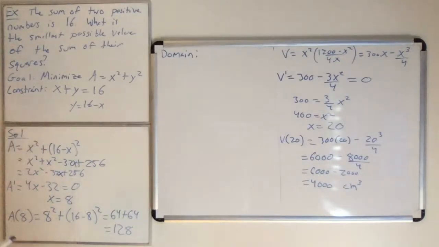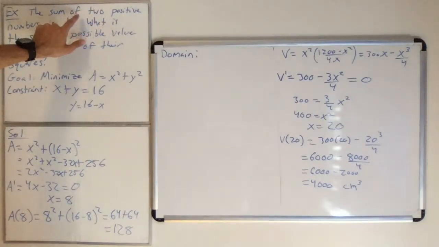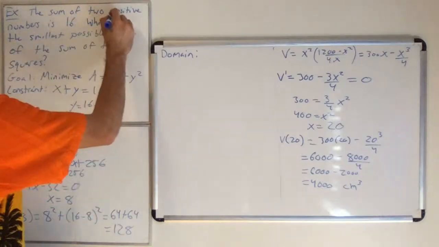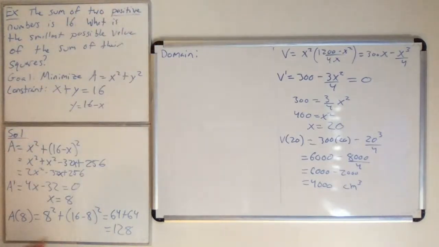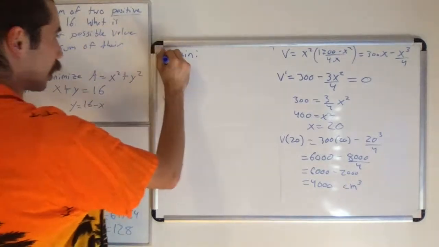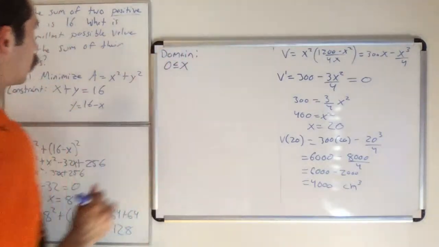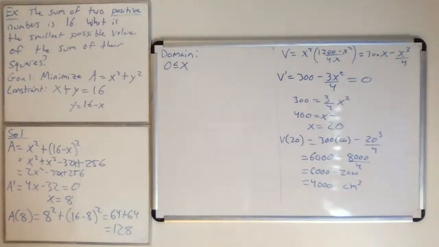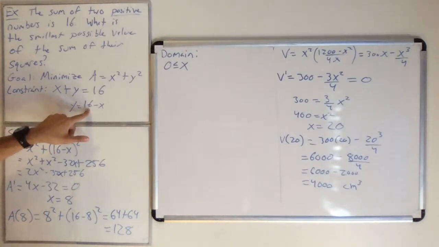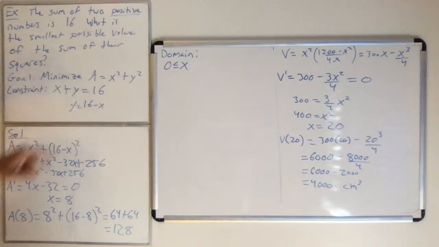Right, because technically we should still be checking the endpoints of our domain. Well, let's see. The numbers are positive, right? So that means x has to be greater than or equal to 0, and also y has to be greater than or equal to 0. So the largest value x could be is 16.